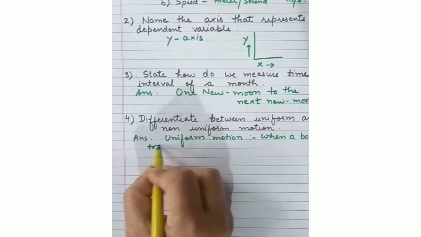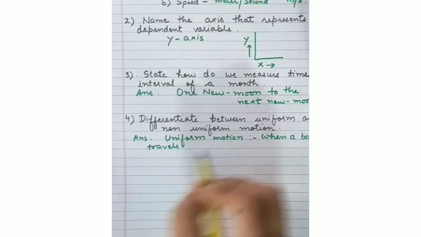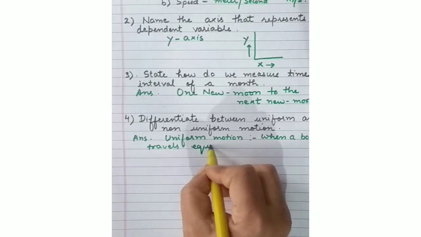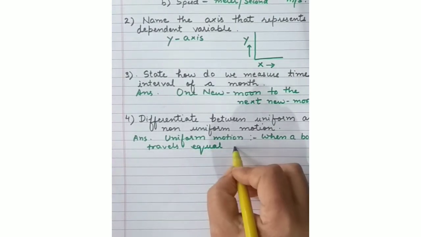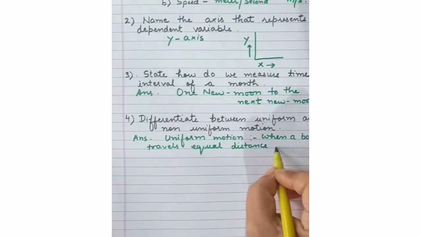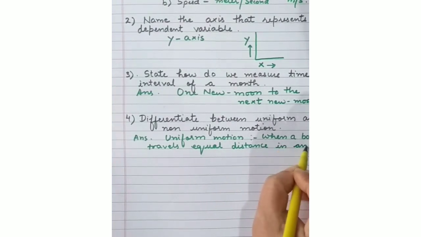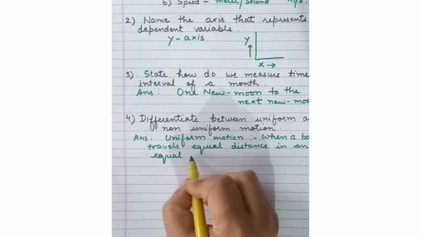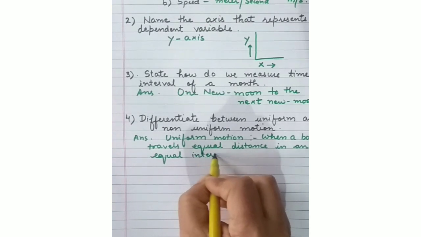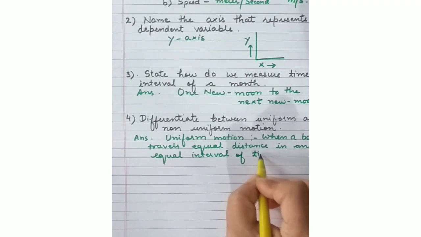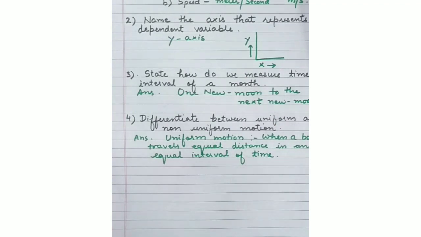body travels, you can take for example a car. When a body travels equal distance in an equal interval of time, this is known as uniform motion.